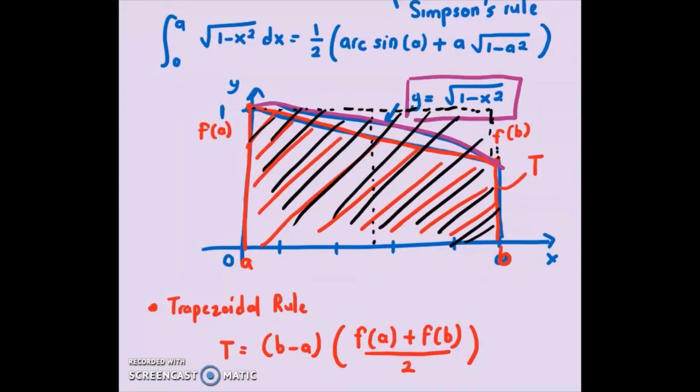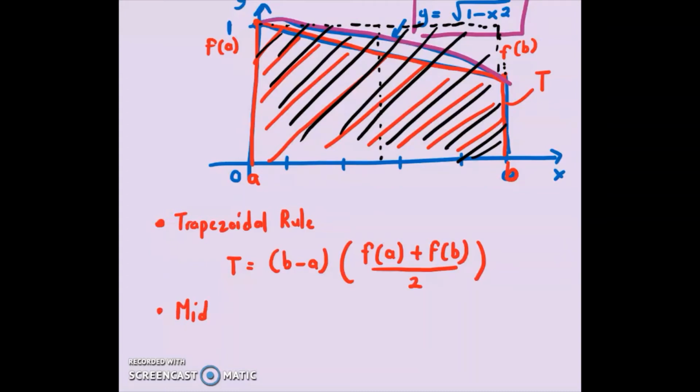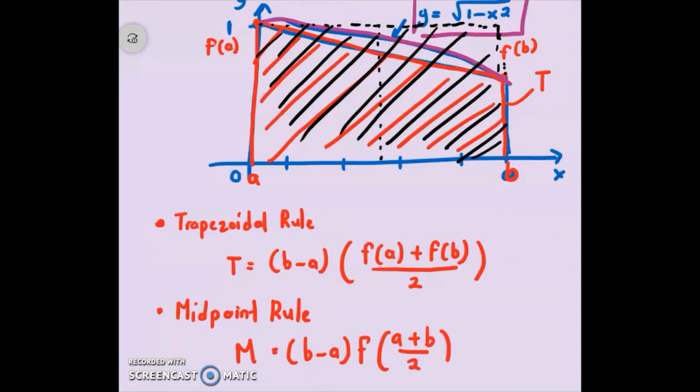The midpoint rule is given as M equals (b minus a) times f of (a plus b) over 2.